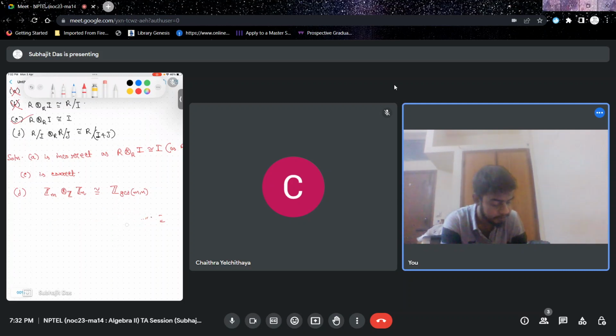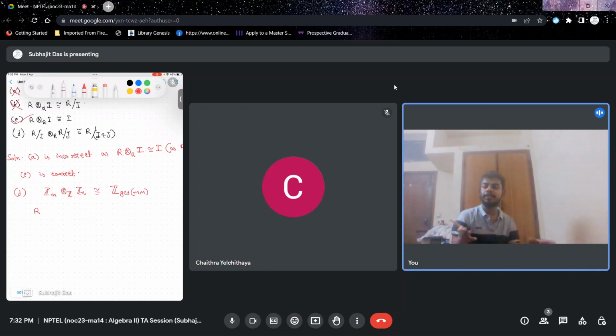Yeah, we need to prove this. Sorry. So how do you show that? Again, to show that a tensor product is isomorphic to something, you can use the universal property. You can use the fact that this tensor product is actually an object that represents a functor. I guess that definition was not covered, but okay, forget that.